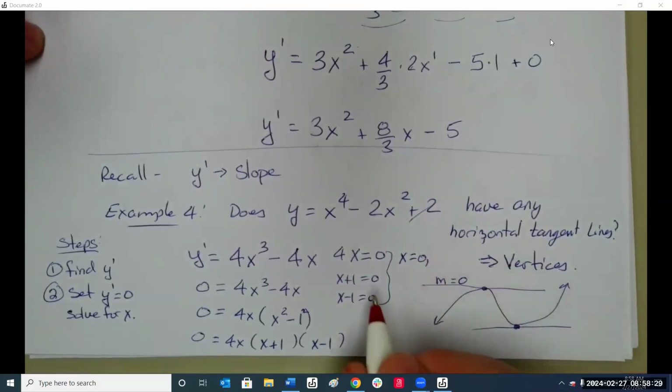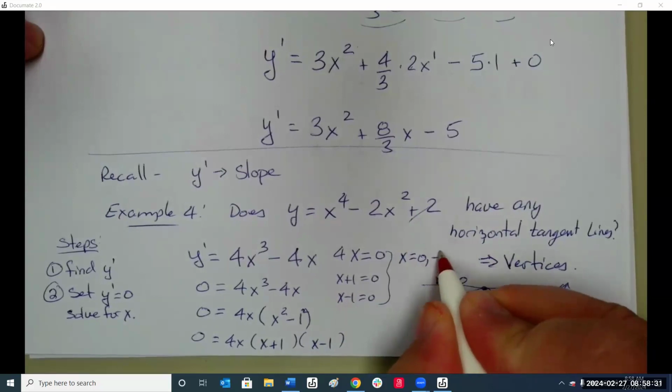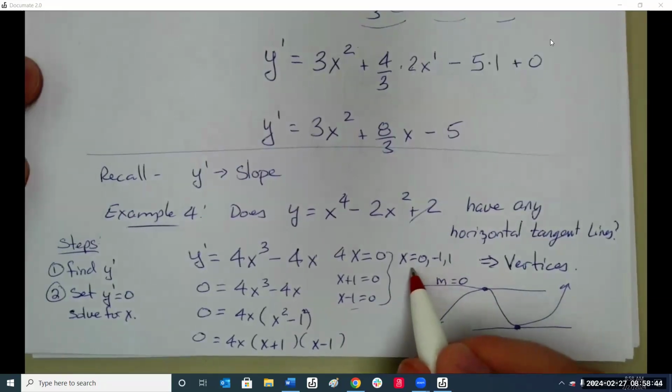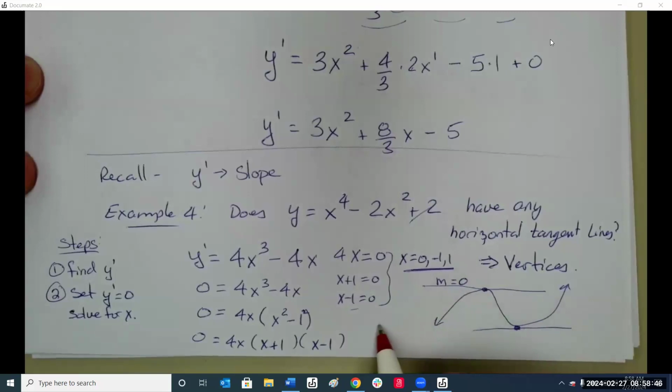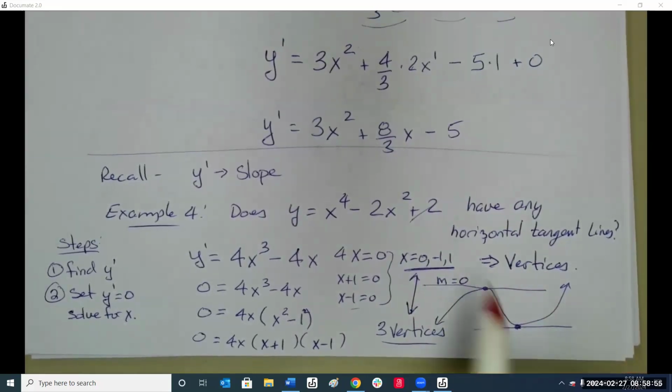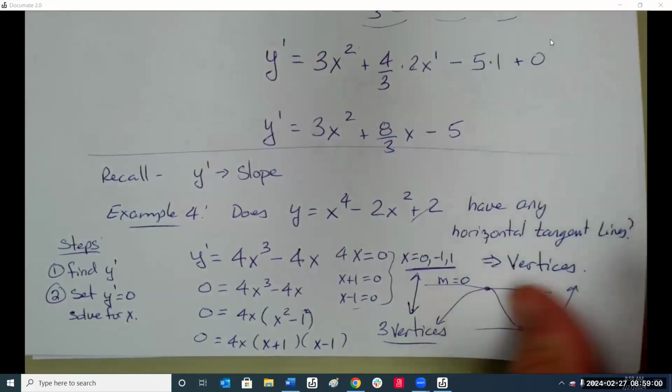Zero, -1, and +1. Because if you think about it, review back in algebra, what this tells us is we have 3 vertices. And they occur at those points when x is 0, -1, and +1.